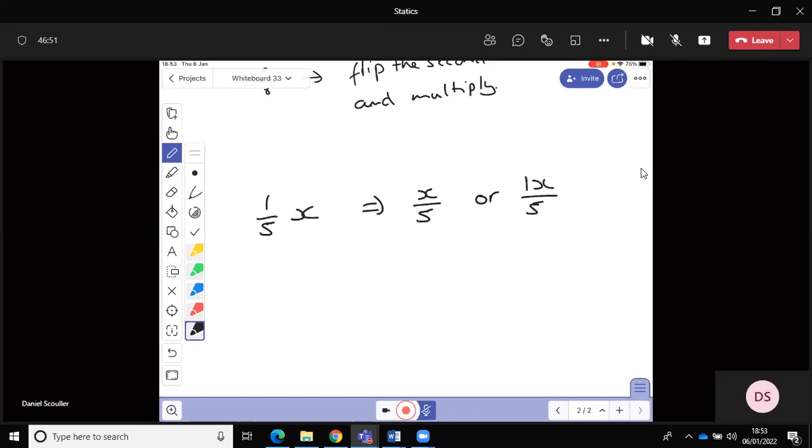Now something where we've got a wee bracket involved. We've got a half of 6x plus 4. Quite common to see something like that format. We can also write that as 6x plus 4 over 2.